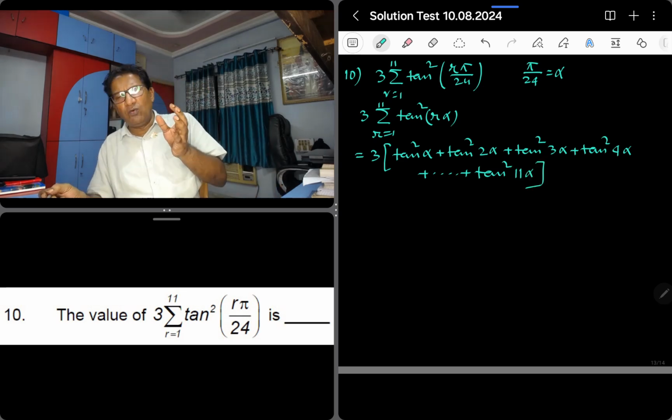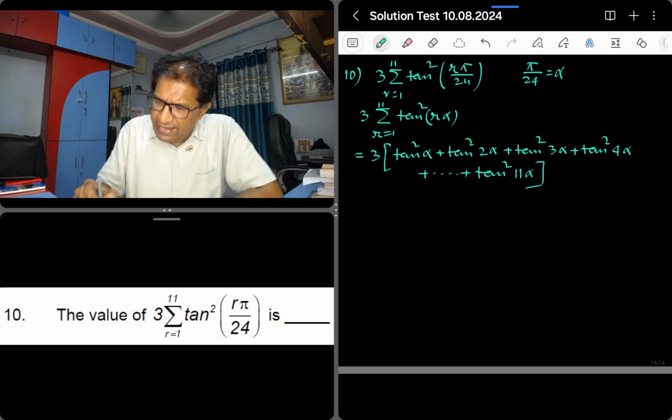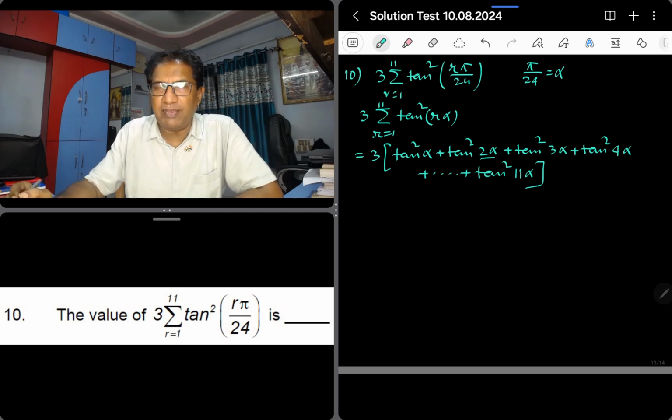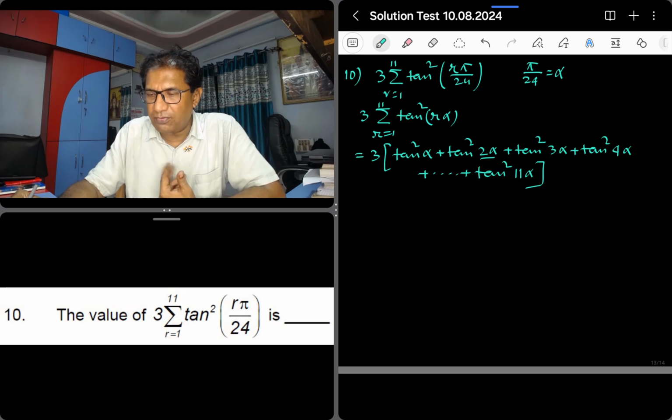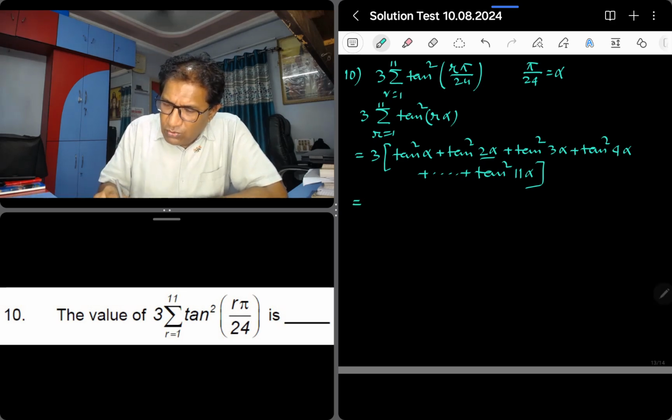Now, what we are trying to do is make 2 groups because we can easily see that 2 alpha is coming like pi over 12, and pi over 12 is 15 degrees. So, we know the value of tan 15 degrees. Similarly, we know the value of tan 30 degrees and so on. Therefore, we are making 2 groups.